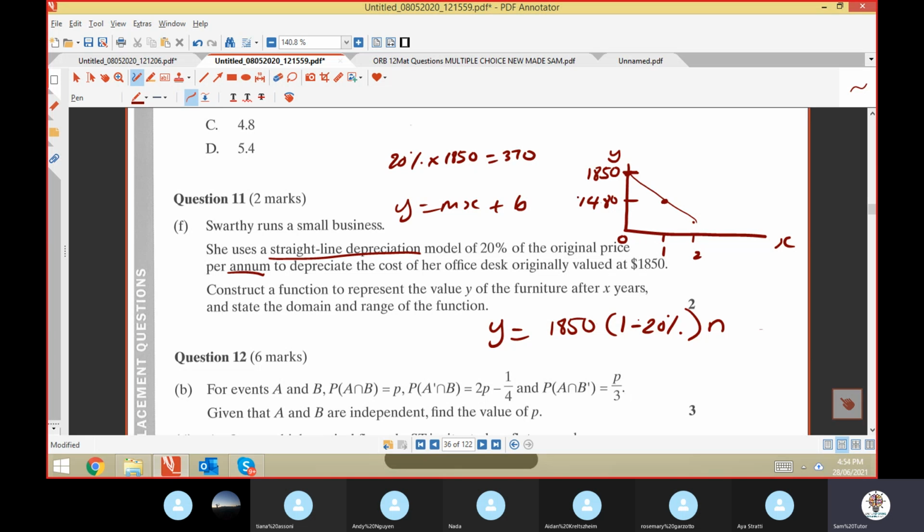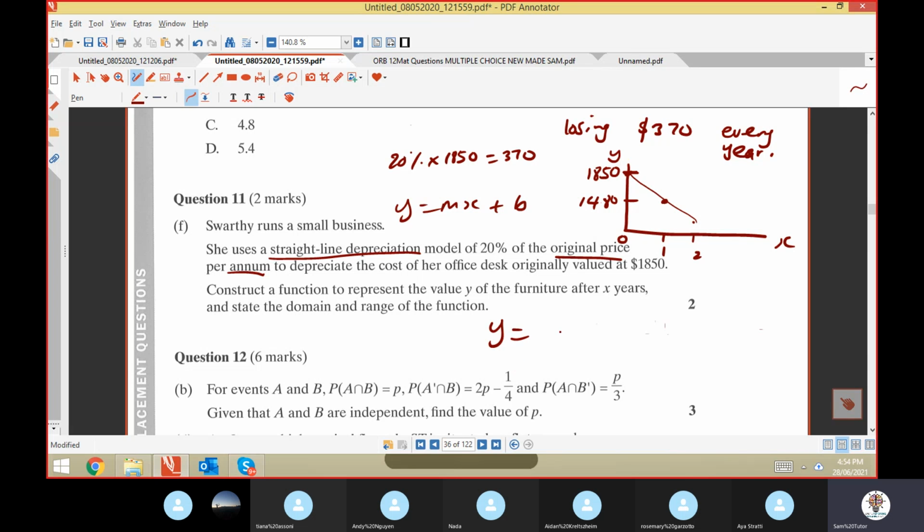No, it is 20% of the original value. Oh my God, that's why it was meant to be easy. Sorry, go back. So you're losing $370 every year.